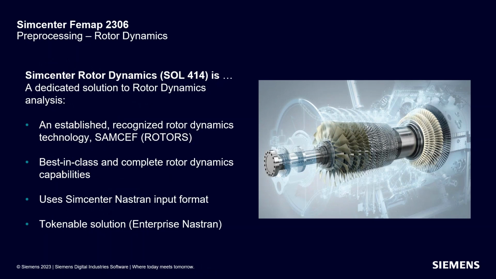So moving on to preprocessing updates. The big new release for this version is the addition of support for Rotodynamics Solution 4.14. And this is a dedicated package of Rotodynamics options. Previous to this release, Femap did not support anything related to Rotodynamics.